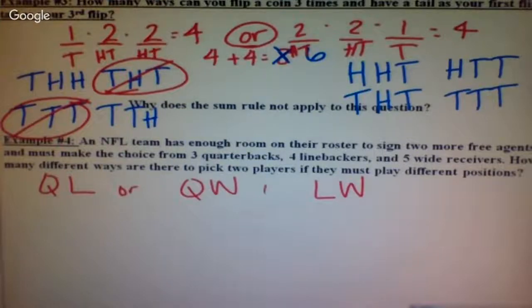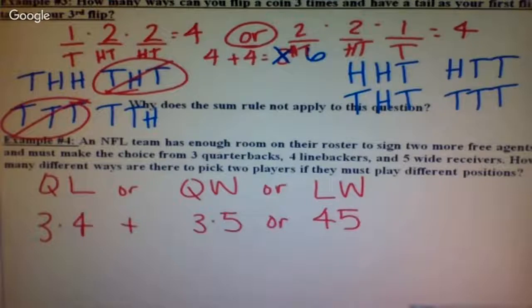How do I write mathematically quarterback and a linebacker? 3 times 4. Or 3 times 5. Or 2 times 5. Or 4 times 5. 1 times 5.